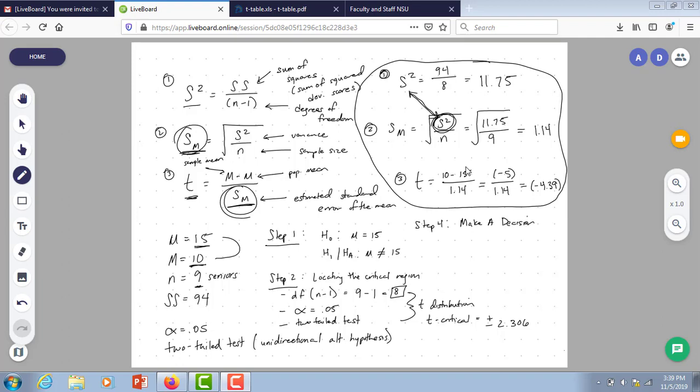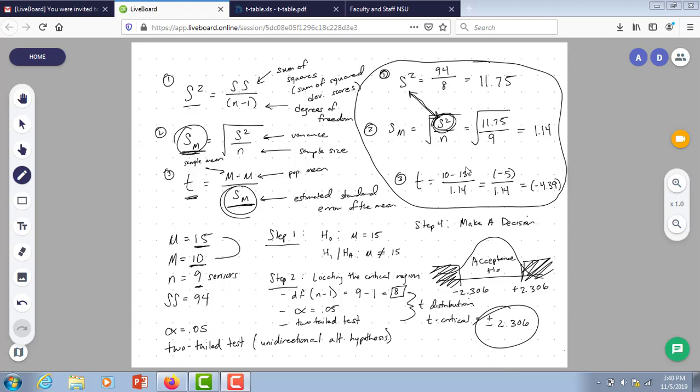Now, you've determined that your T critical region boundary markers on both ends of the graph is 2.306. And the shaded areas represent regions of rejection for your null hypothesis. This is the region of acceptance for the null.